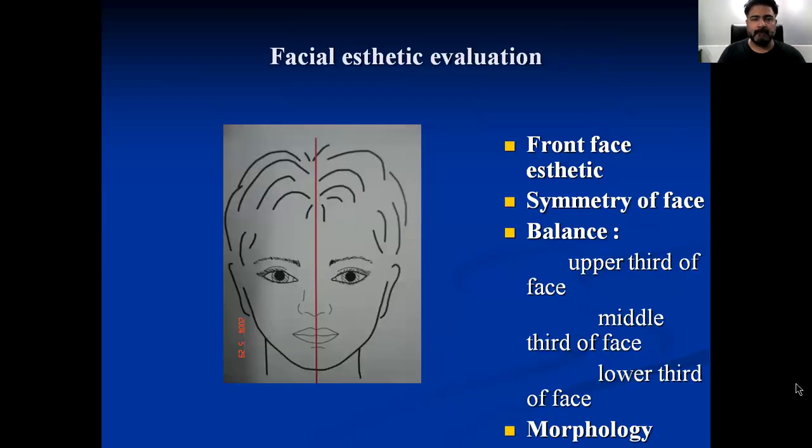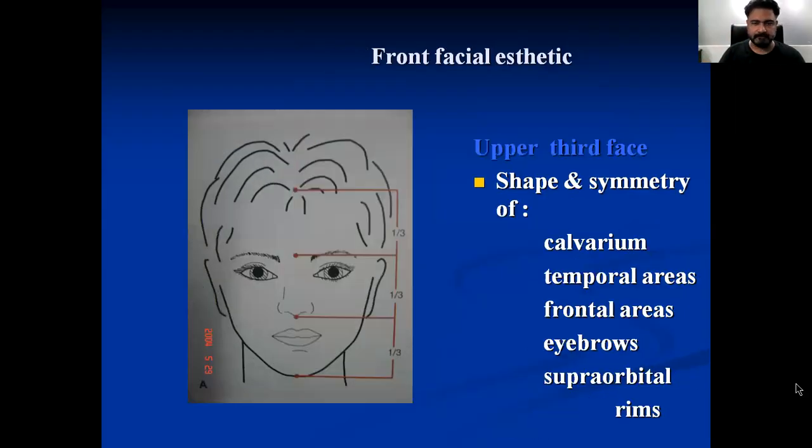Okay. So aesthetic evaluation begins with the frontal aesthetics of the face and symmetry of the face. It is very important. It should be bilaterally symmetrical. Balance the upper third, middle third, and lower third of the face. It is divided like this: from the hairline to this point, the frontal point, then to the nasal point and to the chin.